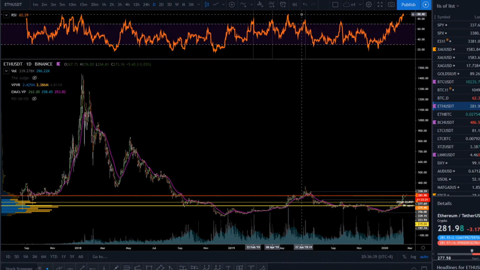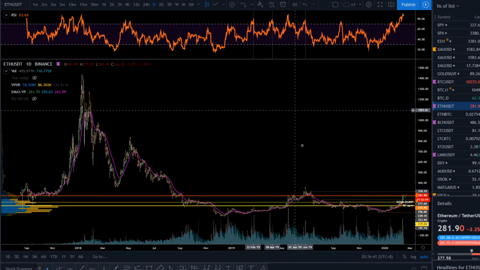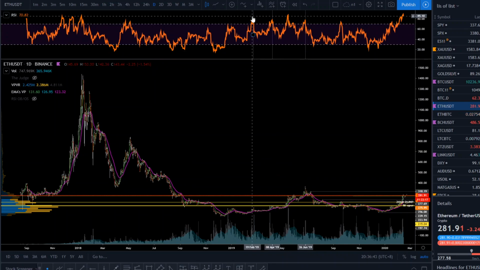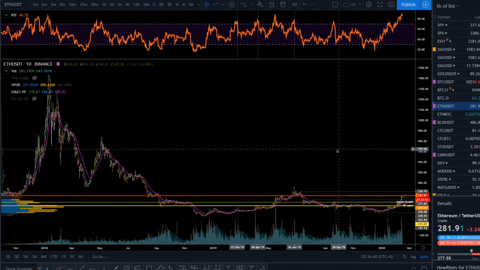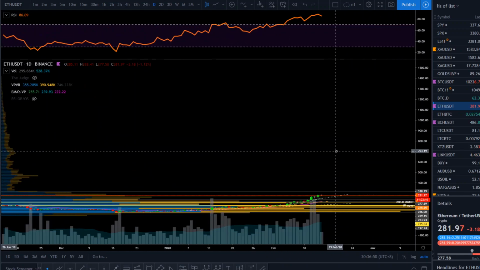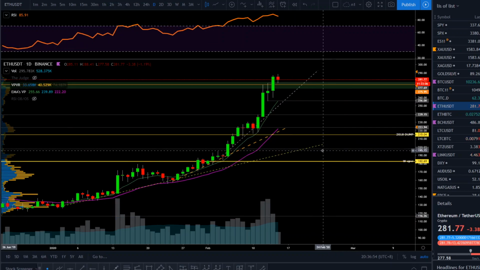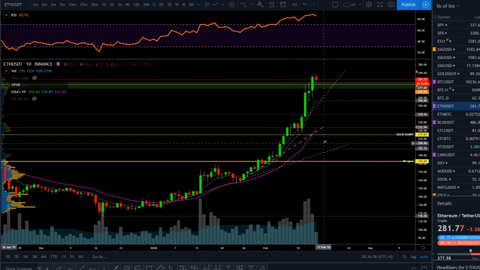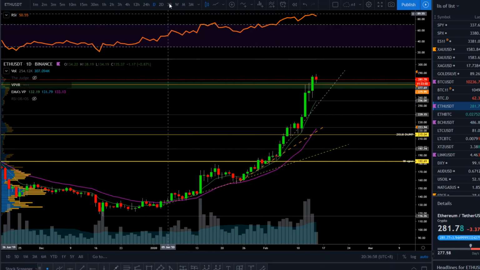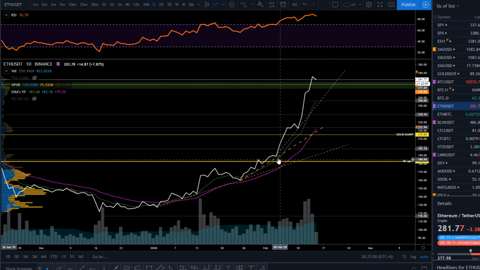So yeah, you're going to need a pullback, and I had a look at these pullbacks over here, and it's always had about a 20% pullback from there. So we have to exercise a bit of care here, and maybe we'll come down and then break it.